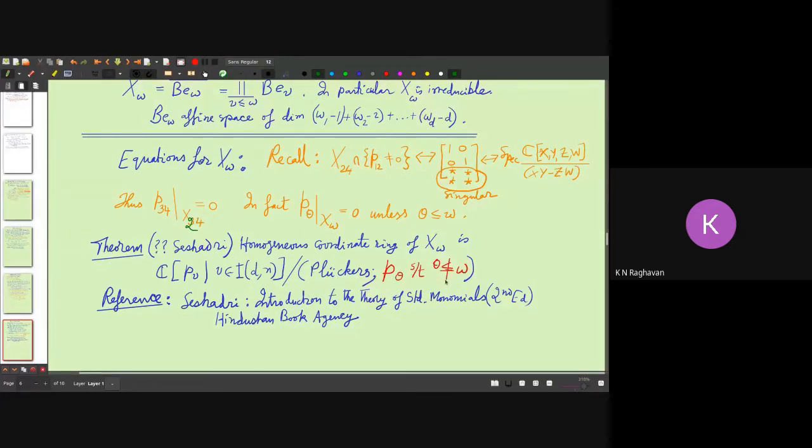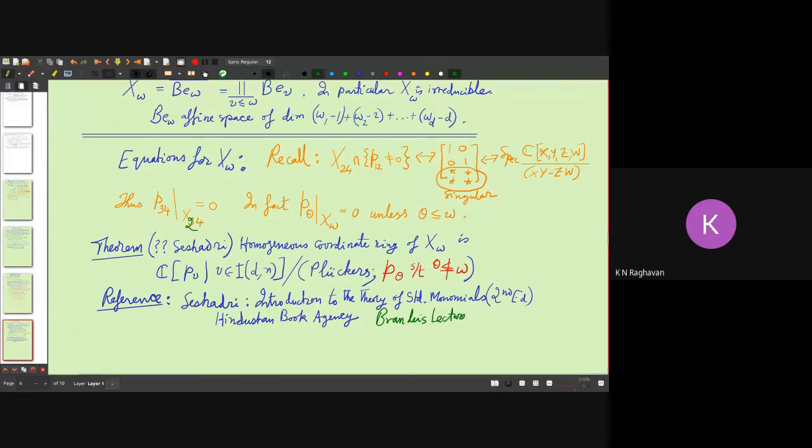So XW is ideal theoretically defined by this. Okay. So as a reference to all this material, I apologize to the experts for this elementary digression. Here is some place to read about this: Seshadri, Introduction to the Theory of Standard Monomials. This was Brandeis lecture notes, lectures that he gave at Brandeis sometime in 1983 or so.